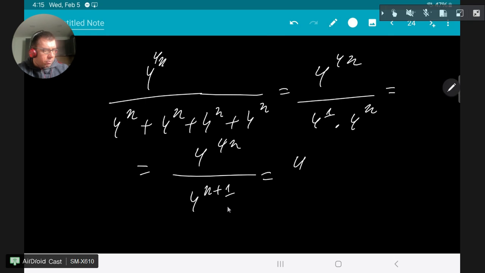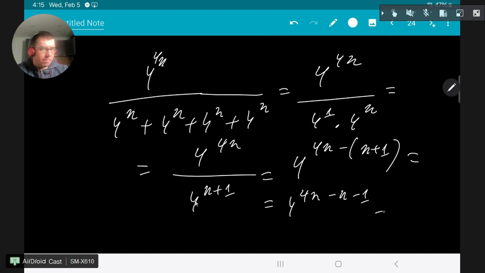So I get 4 to the power of 4n minus, in brackets, n plus 1, which is the exponent in the denominator, and I get 4 to the power of 4n minus n minus 1. This minus changes the signs of all terms in the brackets. So finally this is 4 to the power of 3n minus 1, and that's my answer here.